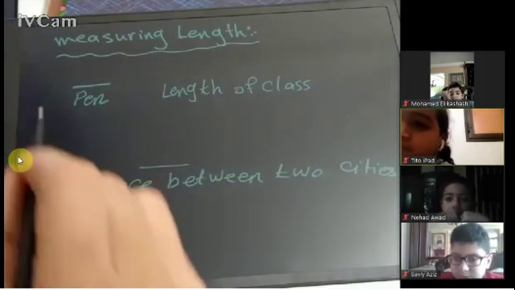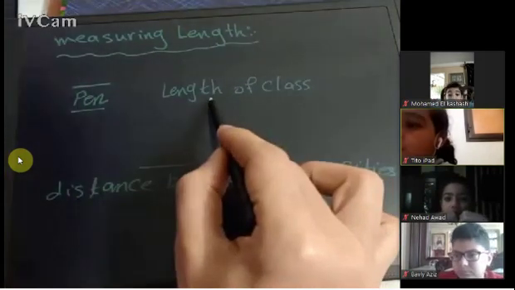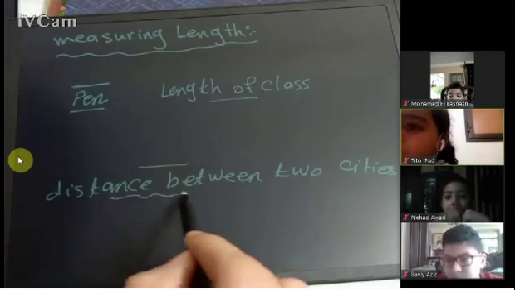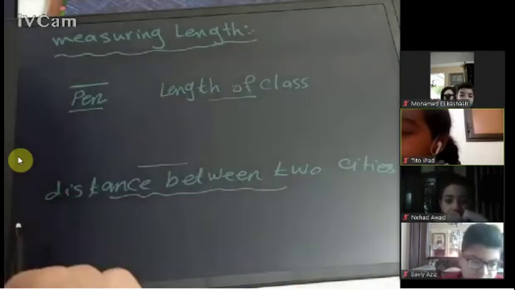Of course not, because the pen is a small thing, the length of the class is a little bit longer, and the distance between two cities is longer than the other two.